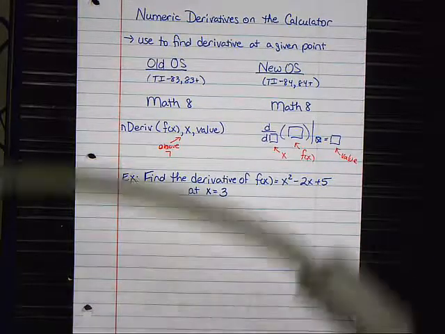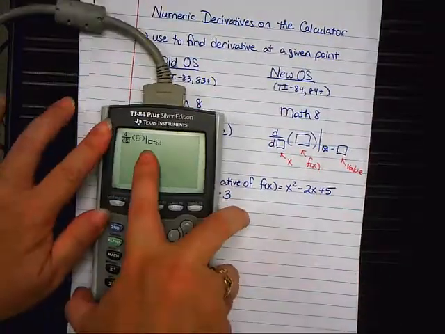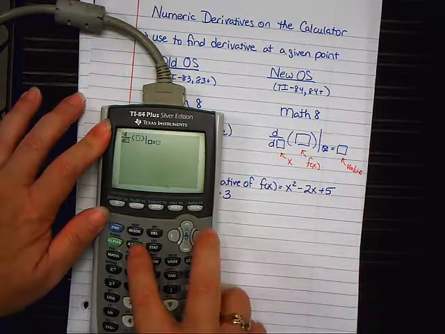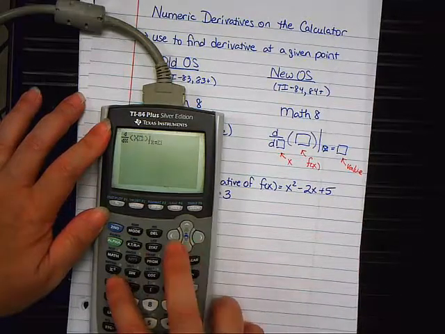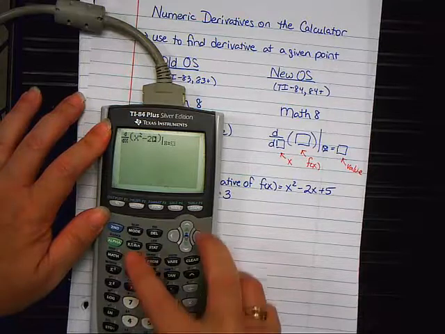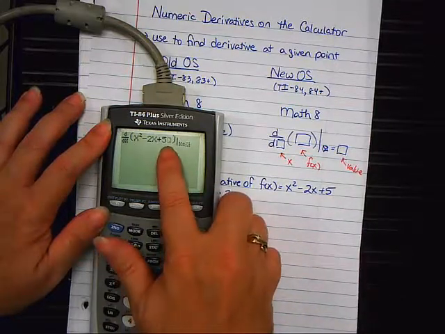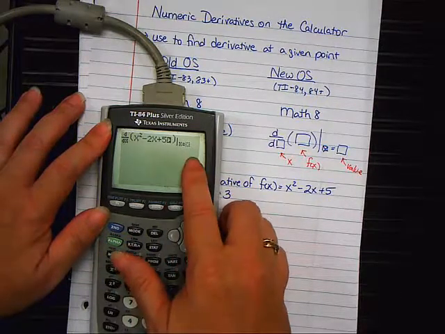So those of you who have an 84 calculator, let me move this over here so you can see this compared to this. The first thing we're going to type in is an x right there. And then it jumps right into the parentheses. Now we type in the x squared minus 2x plus 5 in the parentheses. Now notice that it's blinking a right arrow. The right arrow tells you that's how you get out of here and move to the next square.